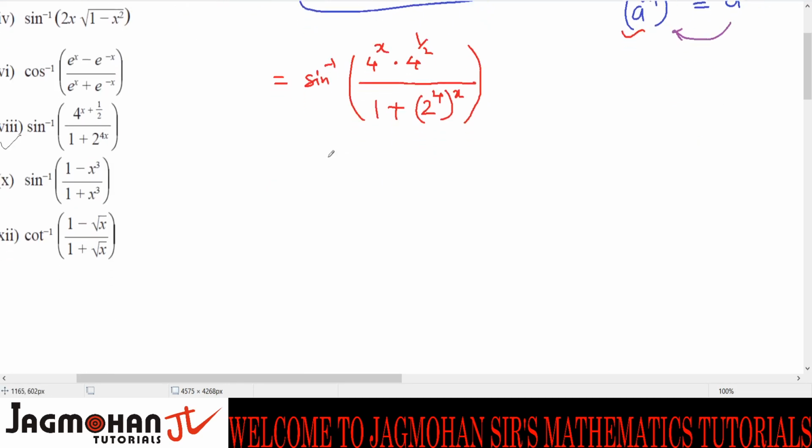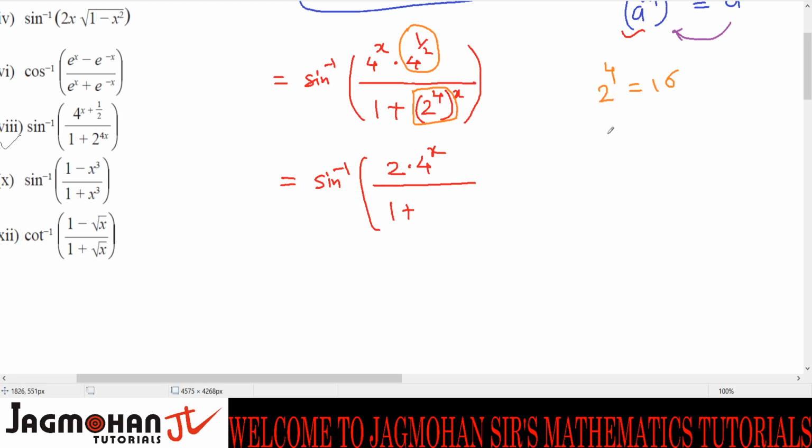Now next step, I write this as sine inverse, and this one here is square root of 4, which is 2. So I write this as 2, and this is 4 raised to x as it is, and 1 plus, look at this part. Here inside the bracket, I have 2 raised to 4. What is 2 raised to 4 equal to? 2 raised to 4 equals 16.